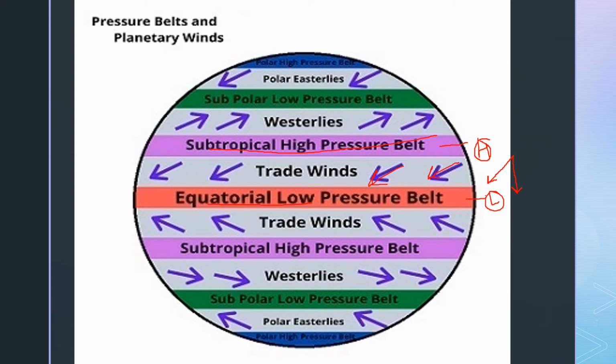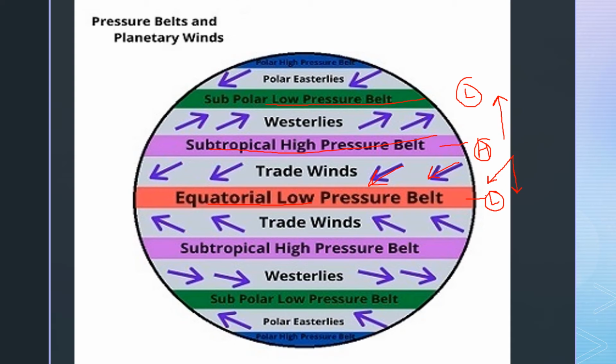Now the next one is this subpolar low pressure belt. So if this is a region of low pressure, and we know the subtropical high pressure belt, the direction of the wind should be from high pressure to low pressure region. Naturally this direction would be there due to the pressure difference.